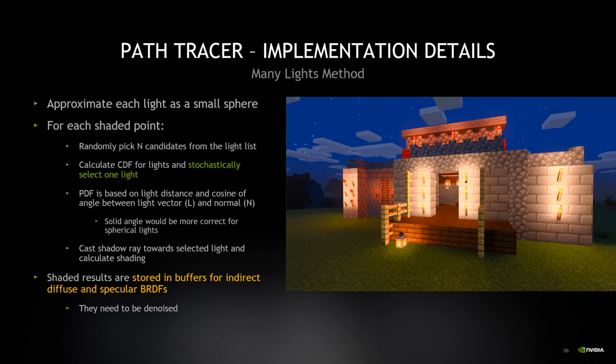We build the CDF, the cumulative distribution function, for these candidates, and stochastically select one from the candidate list based on random number. So lights with higher contribution have higher chance of being sampled. Then we cast a shadow ray towards the selected light and store the shading result in the buffer for indirect diffuse and specular BRDFs, because these buffers will be denoised.